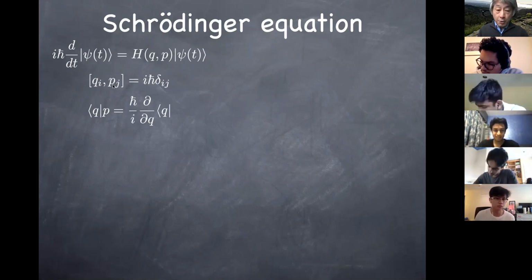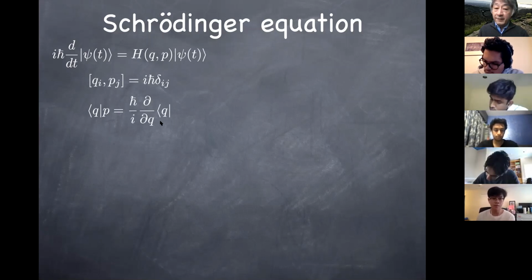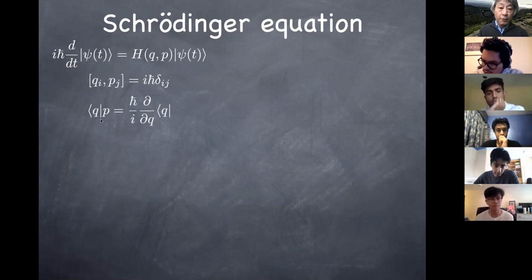So that's how we know when you are in this space where Q is diagonal, then the momentum operator can be written as a derivative with respect to Q. So that's what we know for this coordinate representation of the Hilbert space.